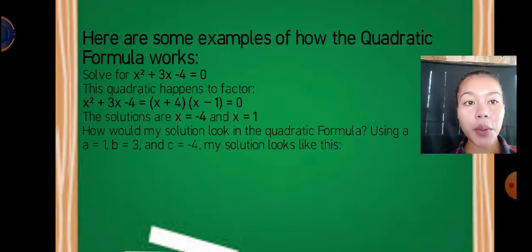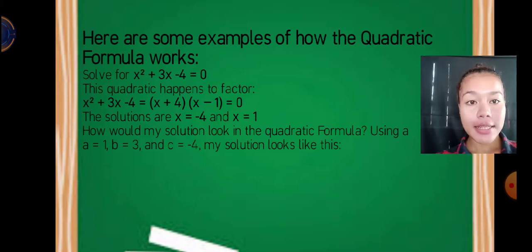Here are some examples of how the quadratic formula works. Solve x squared plus 3x minus 4 is equal to 0. This quadratic happens to factor. x squared plus 3x minus 4 is equal to the quantity x plus 4 times the quantity x minus 1, equal to 0.